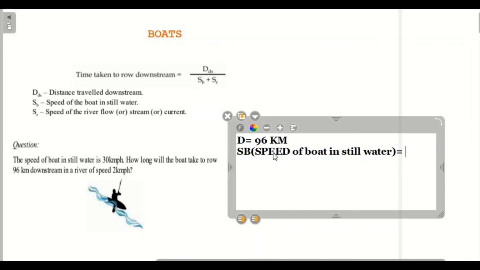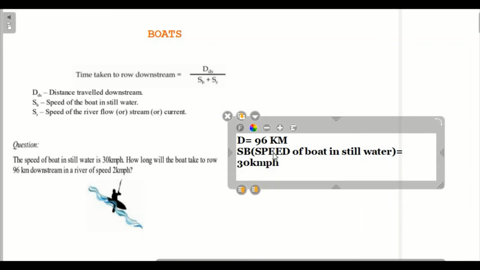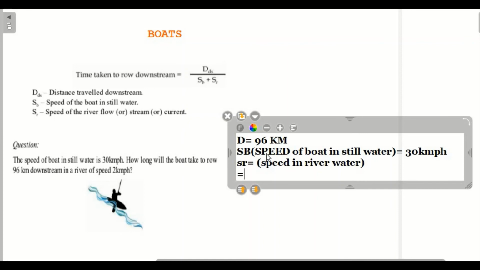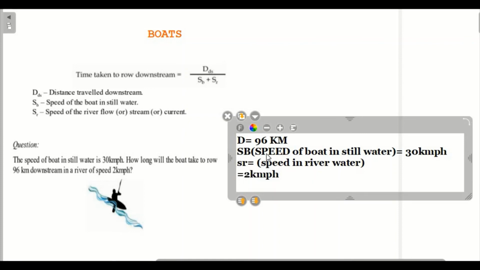Here it is 30 kilometers per hour. Then next we have to calculate SR. So SR equal to speed in river water. Okay, so it is 2 kmph.